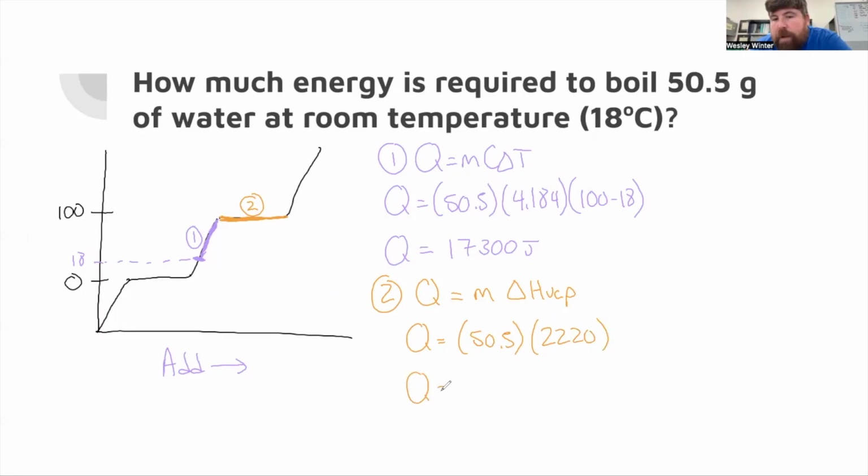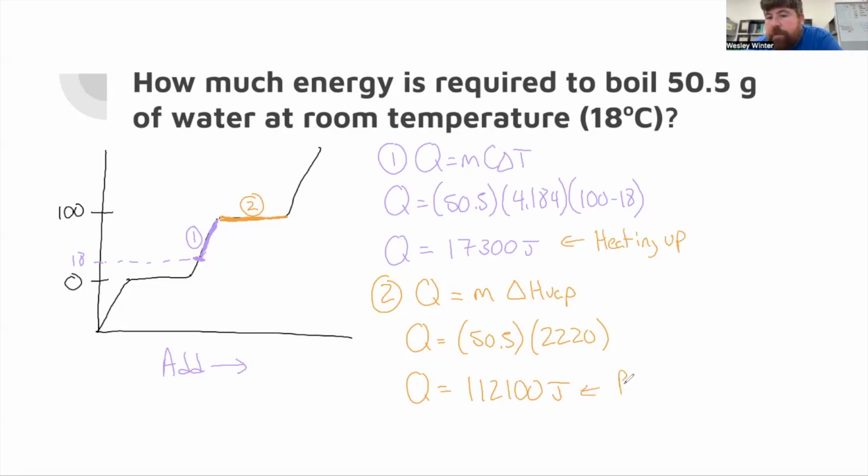When I multiply these two, I'm going to get a pretty large number here. I get 112,100 joules. So boom, step one is heating it up.